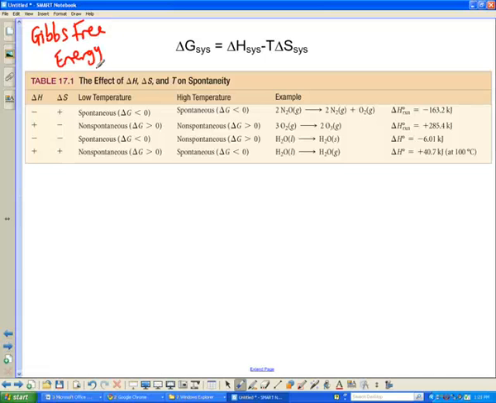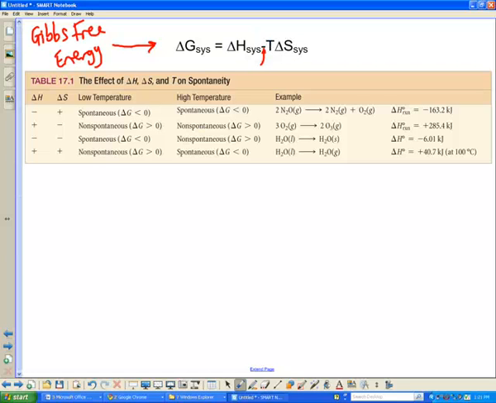In this case, we're looking at a reaction and the system in particular. Gibbs free energy has the symbol G. So the change in Gibbs free energy is equal to the change in the enthalpy of the system minus, and it's important having that minus sign here, minus the product of the temperature at which the reaction is being run and the entropy change of the system.